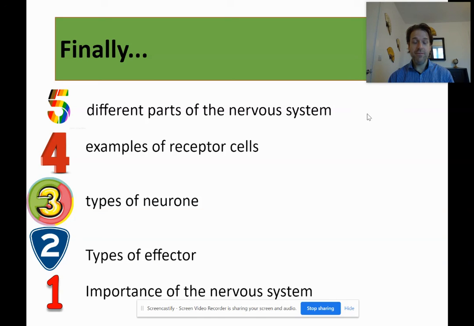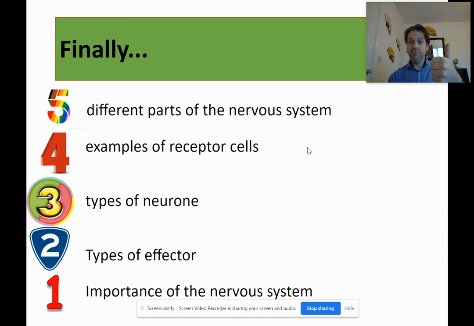We've got the five different parts of the nervous system. So that's our receptor, our neuron, our coordinator, our central nervous system, and then our effector, in our muscle or a gland, bringing about our response. Four examples of receptor cells.